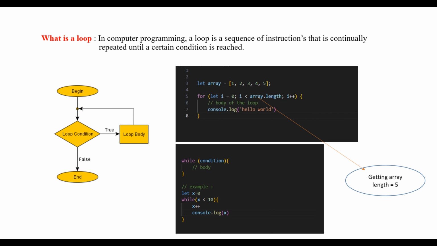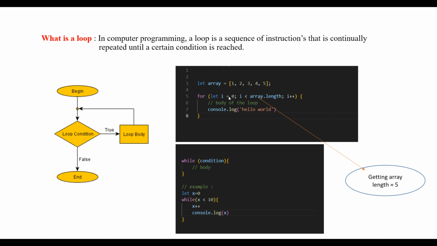Alright, what is a loop? In computer programming, a loop is a sequence of instructions that is continually repeated until a certain condition is met. On the left side, we have an image where I illustrated how exactly a loop works. Here, as you can see on the right side, we have the syntax of a loop. A loop has three arguments within it.